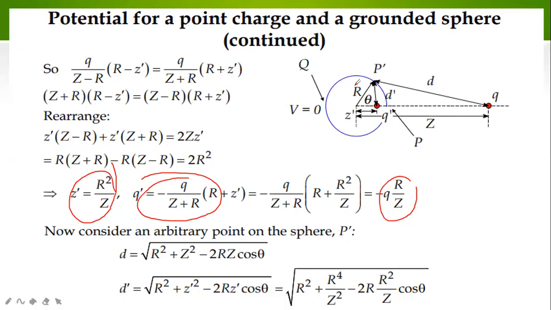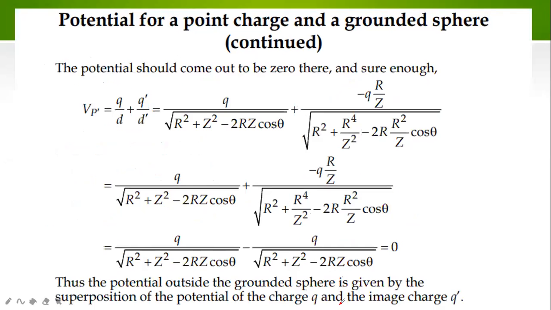Anywhere we can consider, but in your Griffith's book, it is here. So for this point P dash, the distance will be like this, D dash will be this one. Just put the values of D dash and Z dash. I am putting the value of this Z dash here and solving.